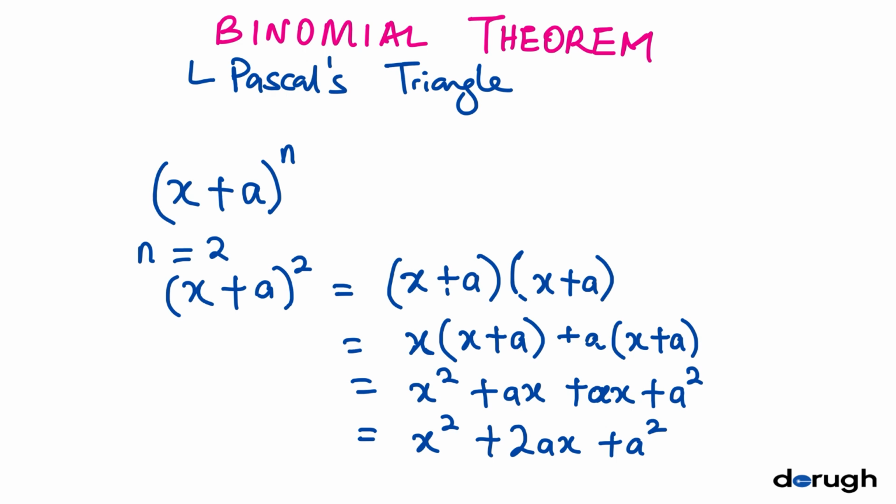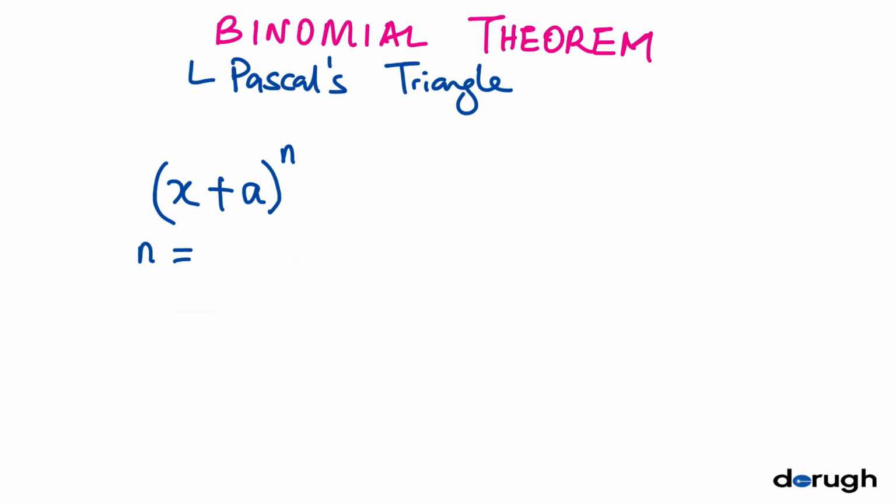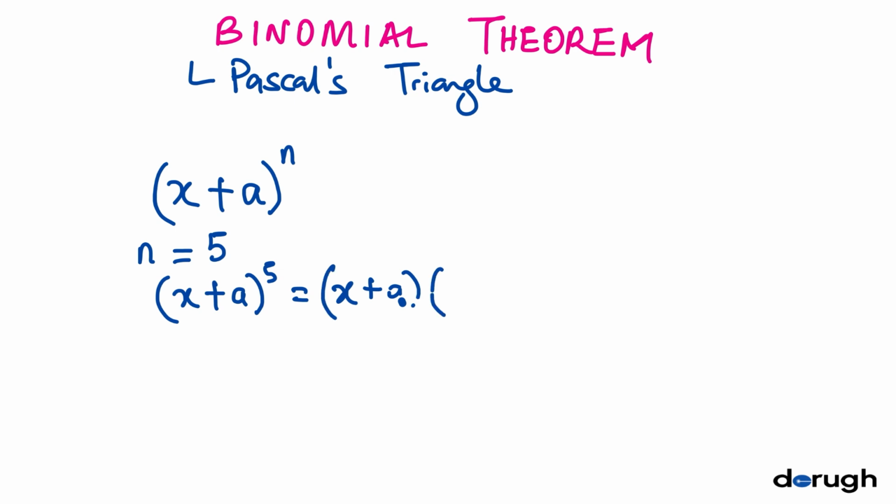But what if the power is something more than 2? Let's say n is 5. What we would need to do is x plus a to the power 5, which is x plus a, x plus a, x plus a, x plus a, okay, this is 1, 2, 3, 4.